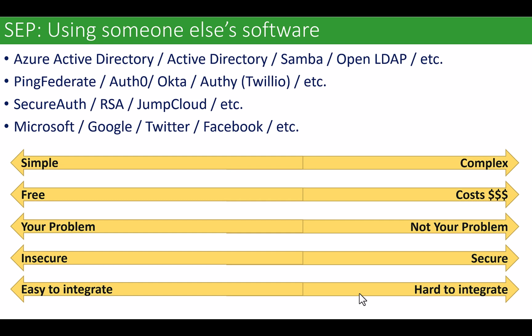And then easy to integrate things are things where there's a library. The library's been around a long time. Lots of people use the library. If you go and Google about it, you'll find a million threads discussing and implementing it.